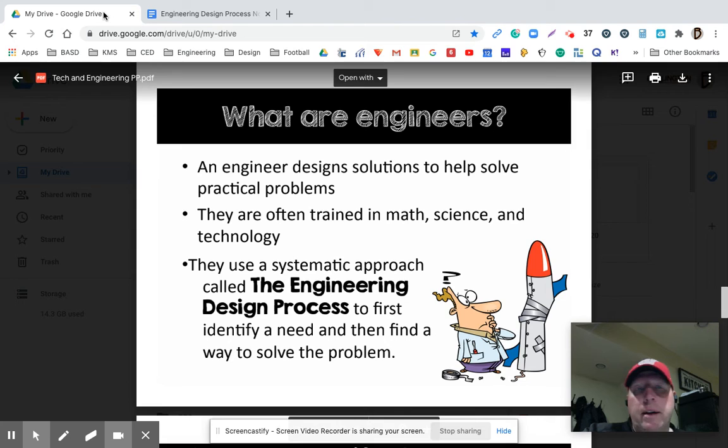Way back in August, we learned about the function of engineers, the different types of careers that engineers have, whether it's from medicine to technology to just about anything. And engineers solve some of the most complex problems that we have in our society.